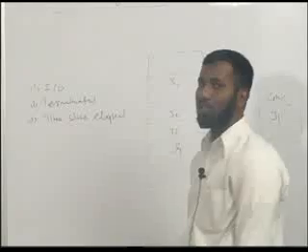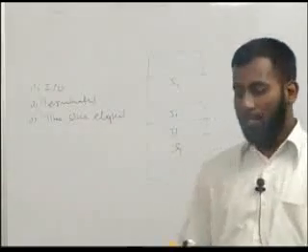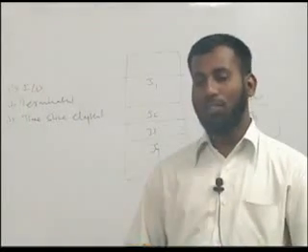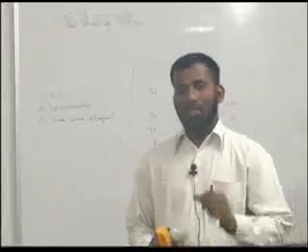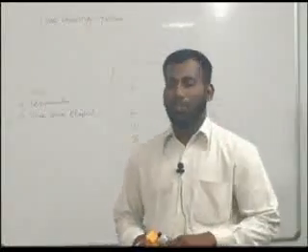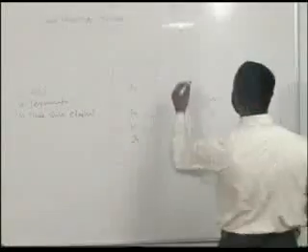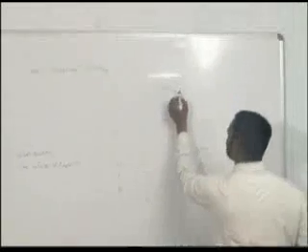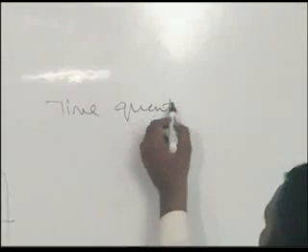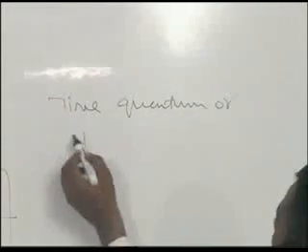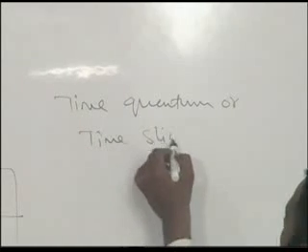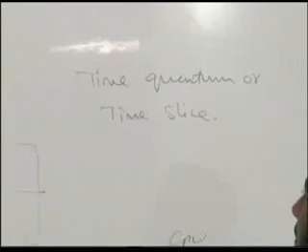So here we have a new concept of time slicing. In a time sharing system, each and every job is given a certain amount of time. We call it time quantum or time slice.